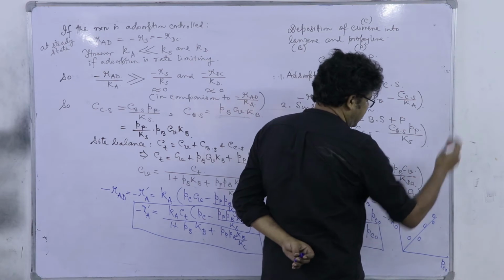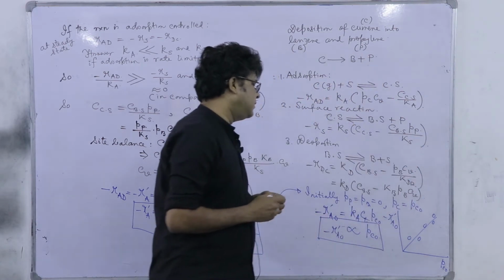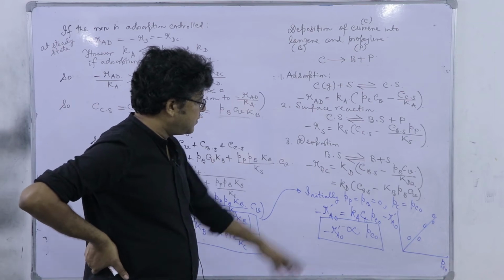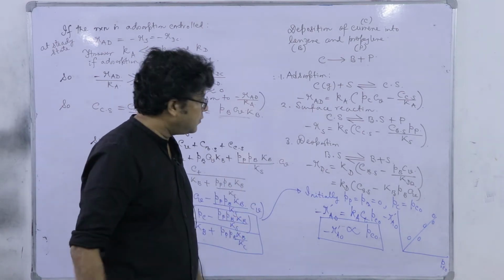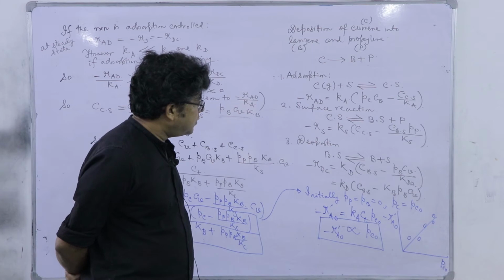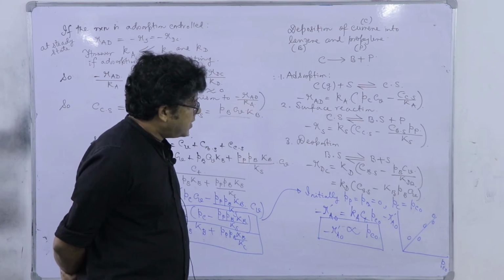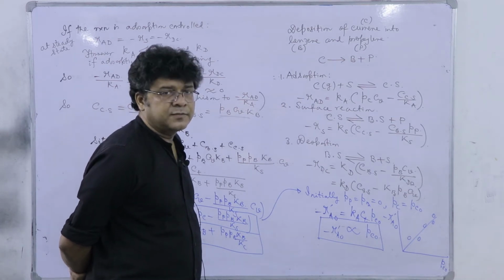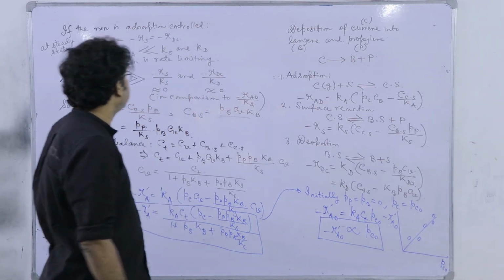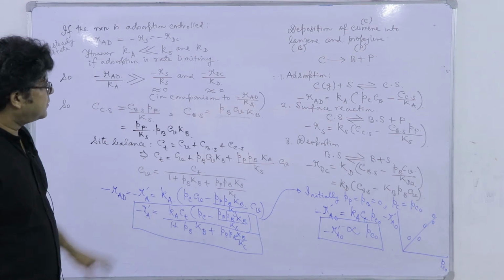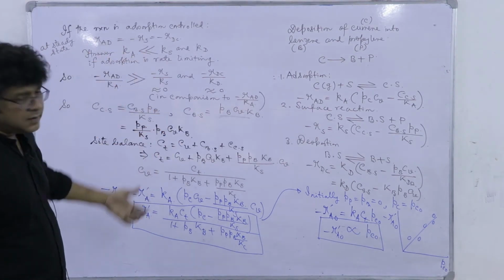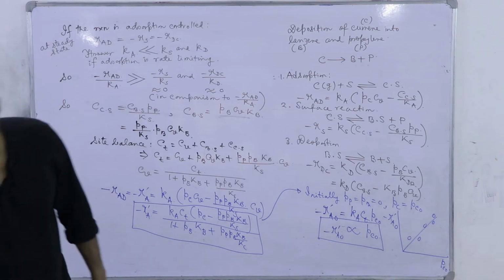Say we have conducted this reaction with 3 or 4 initial partial pressures, changing the initial partial pressure of cumene, and we have got this proportional relation. So, we can confirm that this is simply the adsorption control system. Okay. Similar to this, we can think of the same system being surface reaction controlled.